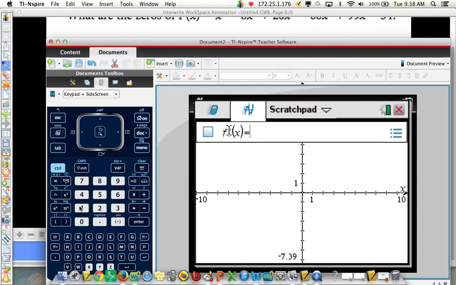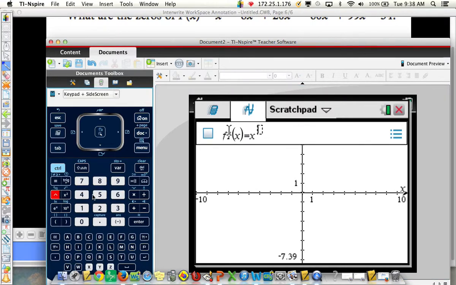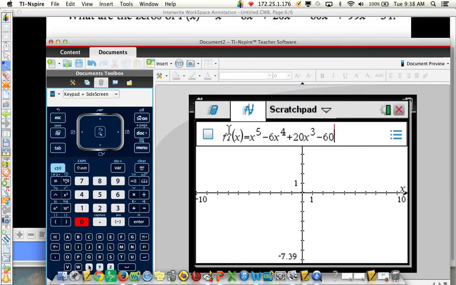So we'll type in x to the fifth power, and then hit the right arrow, minus 6x to the fourth power, hit the right arrow, and then plus 20x cubed, and minus 60x squared, plus 99x, minus 54.